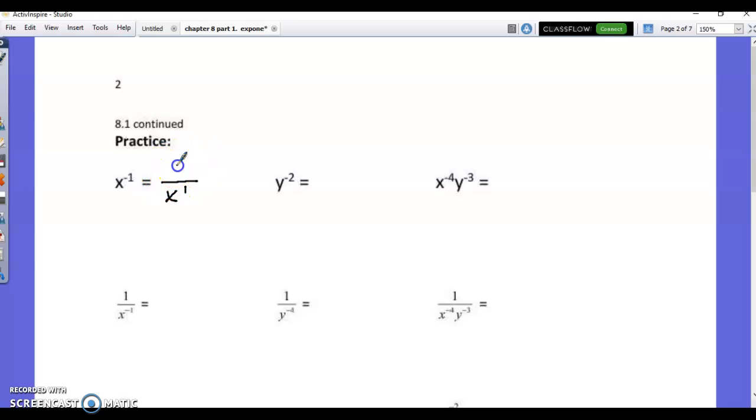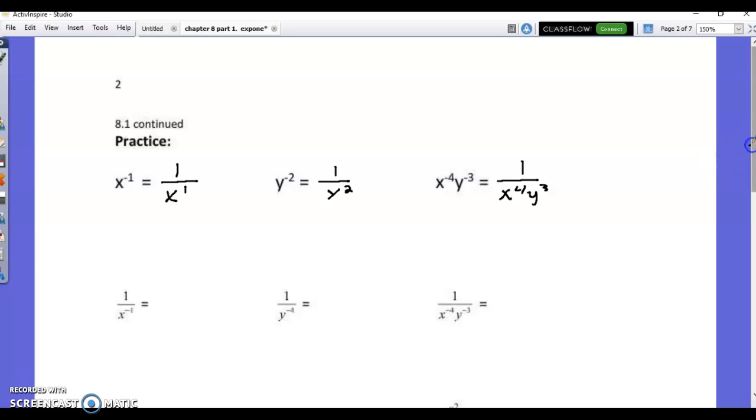If there's nothing left over on the top, we're just going to put a 1 there. So y to the -2, it's going to move to the bottom and become a positive 2. We'll put the 1 on the top. Over here, x to the -4 will go to the bottom, become a 4. y to the -3 goes to the bottom and becomes positive, and we put a 1 on the top.